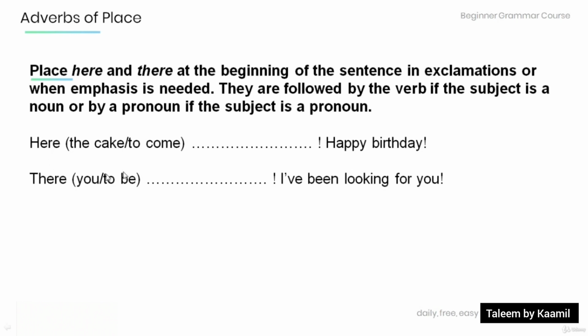Here, the cake to come. Happy birthday! Here comes the cake. Happy birthday! There, you to be. I've been looking for you. There you are. I've been looking for you.